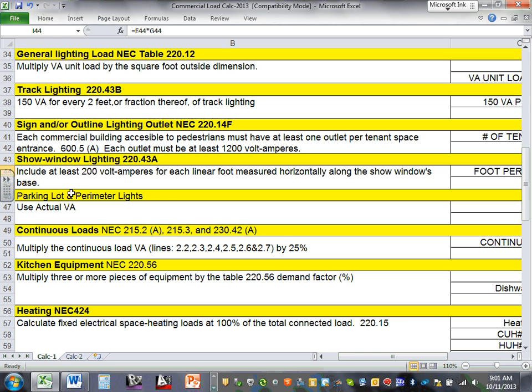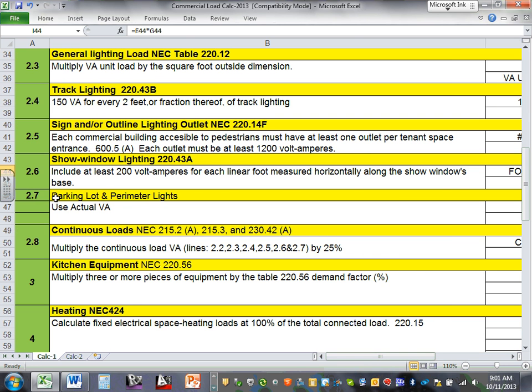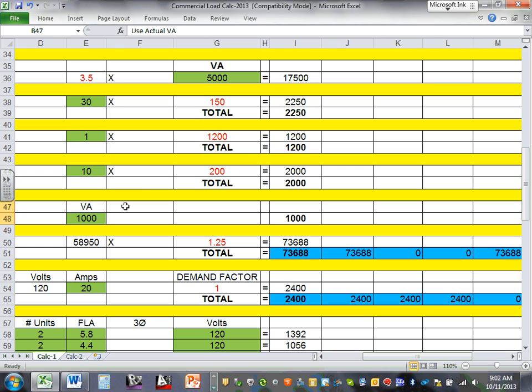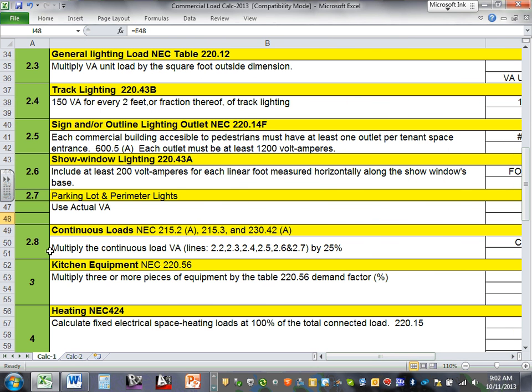All lights, right? Then parking lot. Can you see the parking lot light? Parking lot light is actual. I don't know it yet, so for the parking lot I do the actual. Here's my actual. I use 1,000 volt amp for the parking lot right now. You will change this one when you finish your project. The last thing is 2.8.